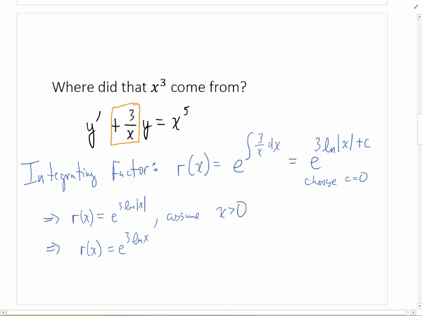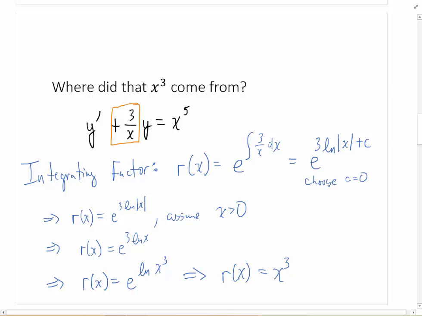Because if x is positive, we don't need the absolute value anymore. Remember a rule for logarithms. I can now rewrite this as r of x is equal to e to the natural log of x cubed. And if you remember that the exponential function and the natural logarithmic function are inverses, and they undo each other, then r of x is x cubed.